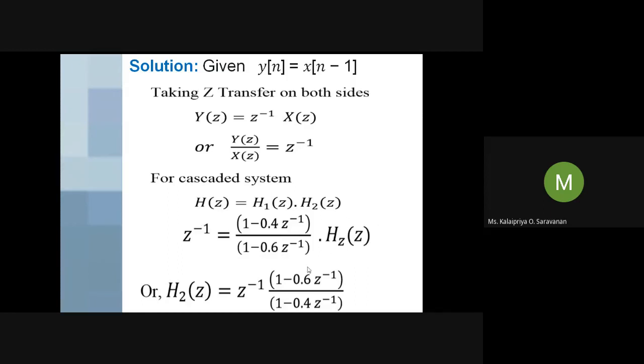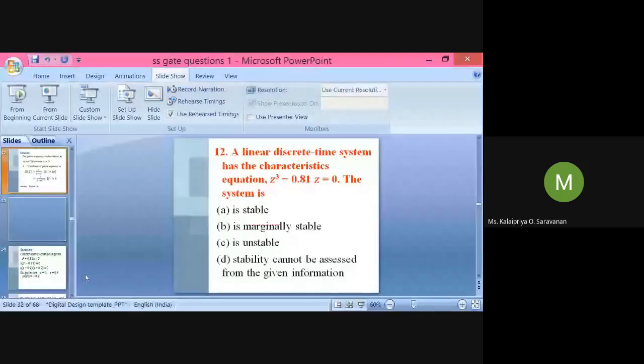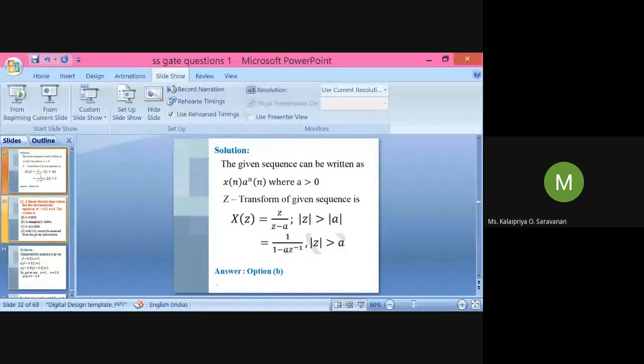Simply cross multiply and obtain your H2 of Z as Z inverse into 1 minus 0.6 Z inverse by 1 minus 0.4 Z inverse. This is how you get your second transfer function H2 of Z.